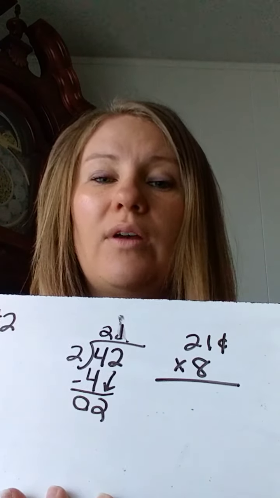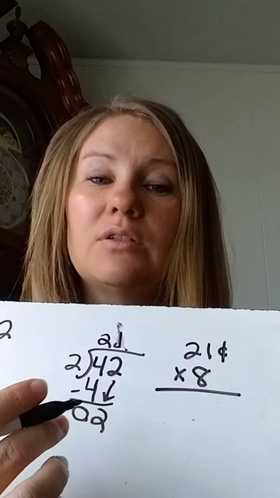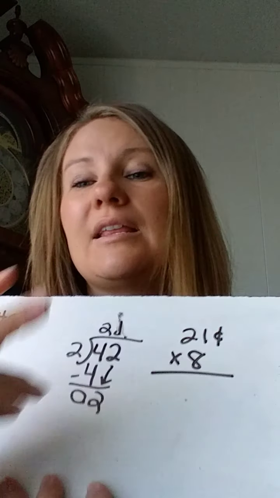So if you want to go ahead and multiply that out and give me your answer. The second way is we have 2 oranges out of 8 equals 42 cents.